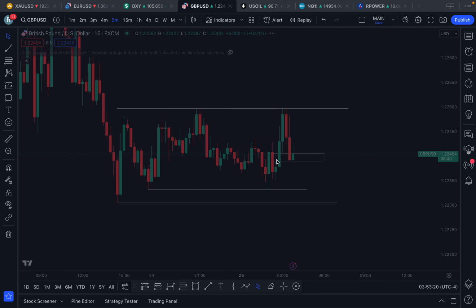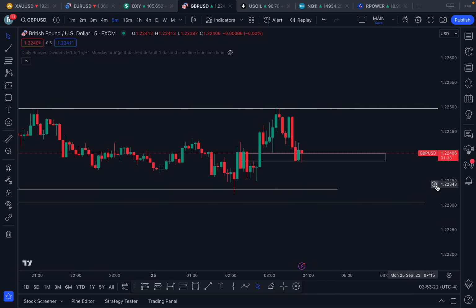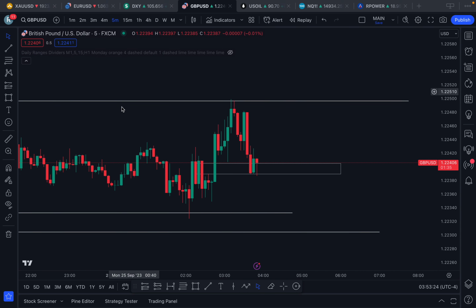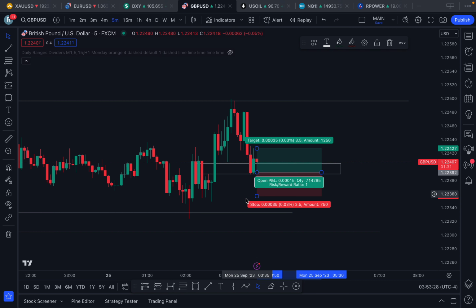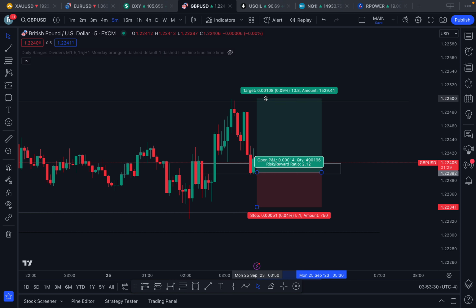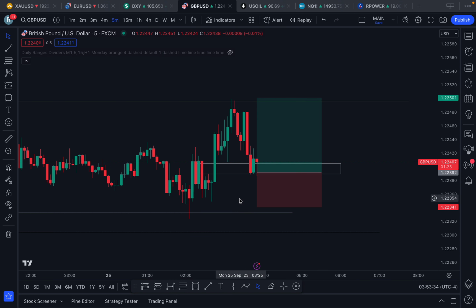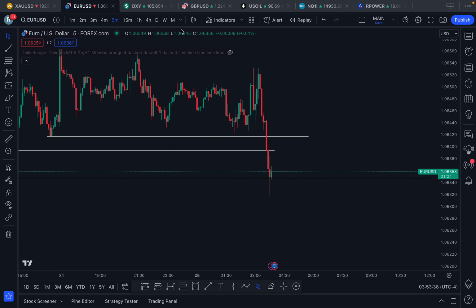Maybe one could have entered right over there. One can enter right there with that being as the profit. But I'm not trading pound. I don't see a good setup over there, so I'm very much interested in euro.